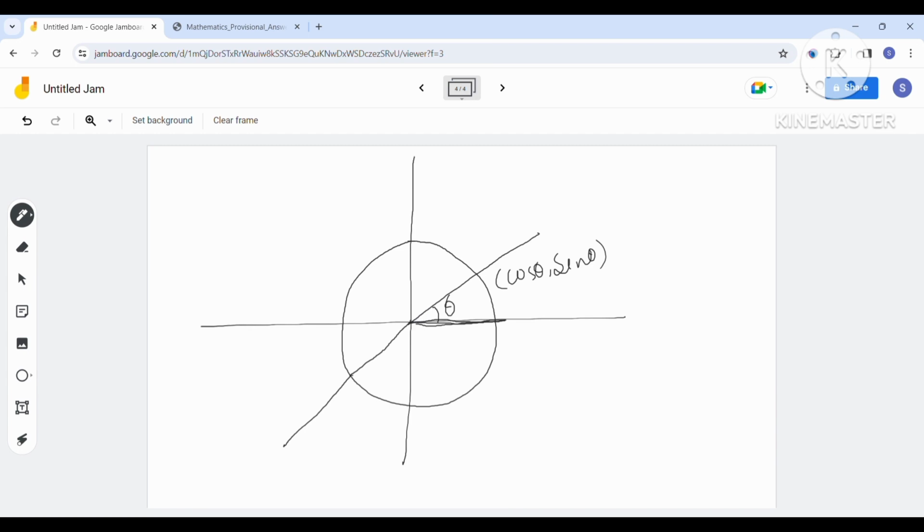So if I do the reflection, that goes to cos 2 theta, sine 2 theta, right? Because you just reflect it along the line passing through the origin and through (cos theta, sine theta). So that's why the first column vector will be cos 2 theta, sine 2 theta.